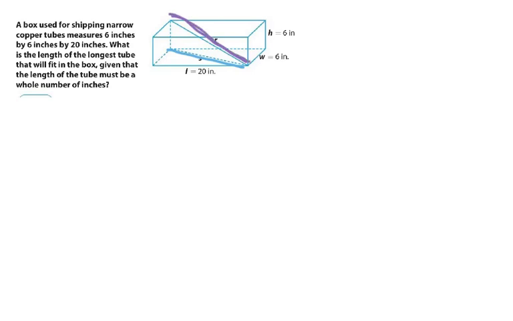Well, I'm thinking it should be R because it wanted the longest tube, and I'm noticing that R is longer. When I lay something on the bottom of a box, it doesn't take as much, and this looks like a hypotenuse to me, and I know that a hypotenuse is longer than other things, and it looks like it's maybe a longer height.